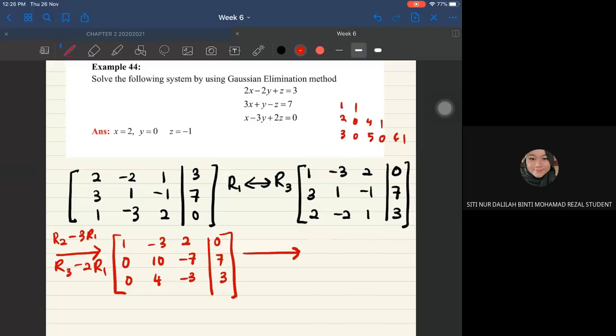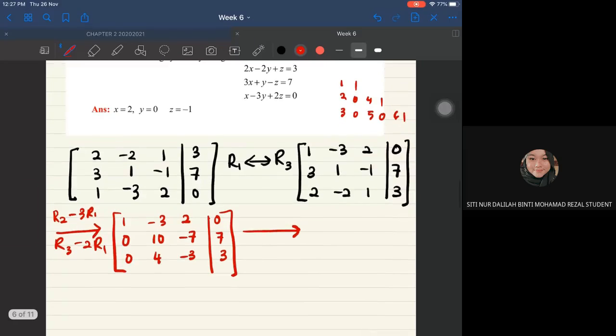Camelia, what will be the next operation?